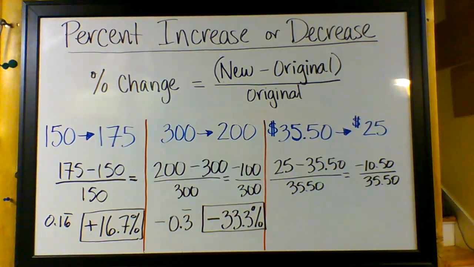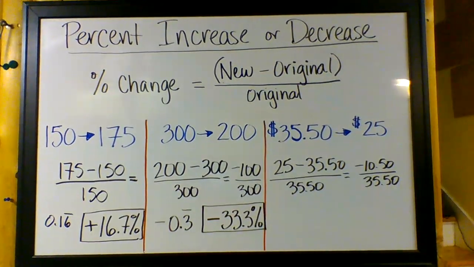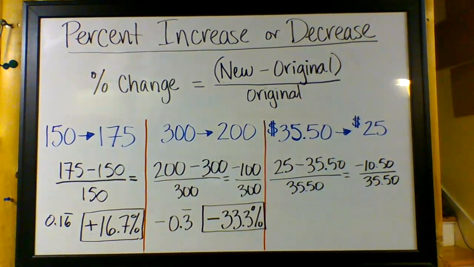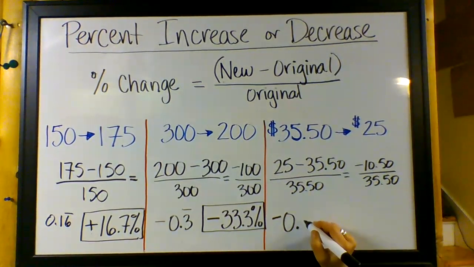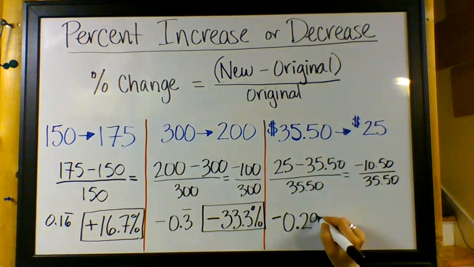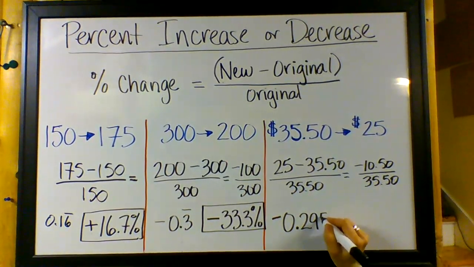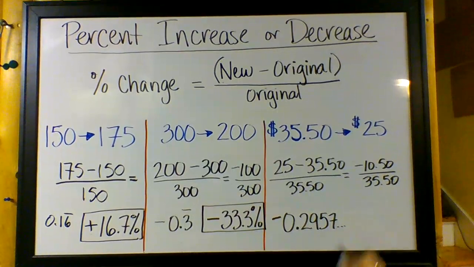I'm going to grab my calculator, and I'm going to put in 25. You don't have to write this step right here necessarily, so you could just do 25 minus 35.5 equals negative 10.5 divided by 35.5 equals, and I got negative 0.295777.